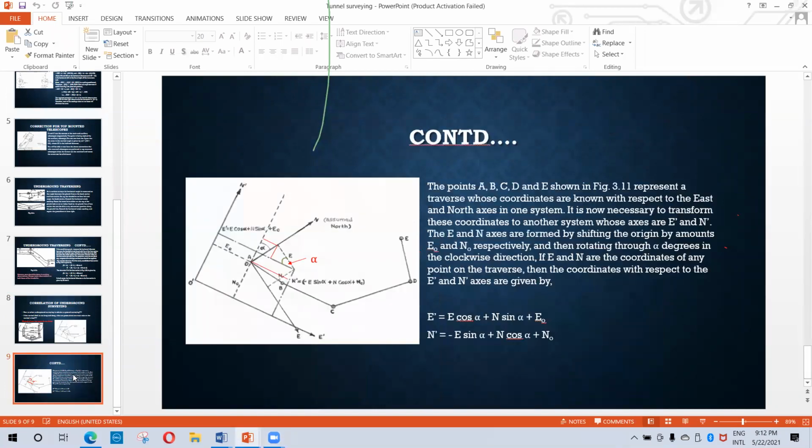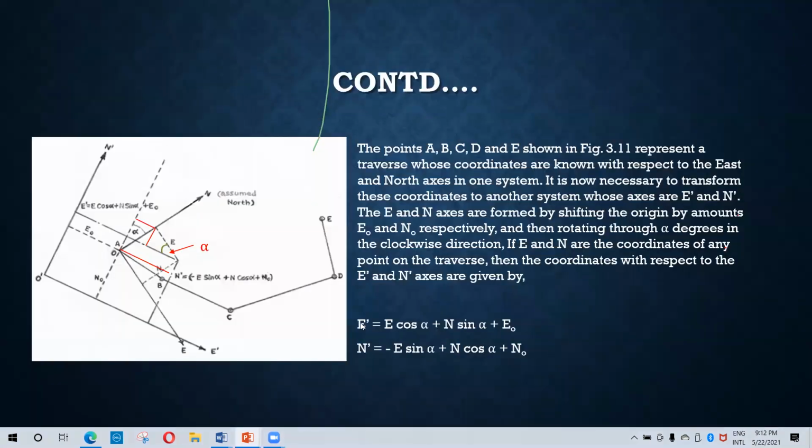So we'll go to the next page. Now, this conversion is simply explained. You need to find E dash, right? E dash is the distance from this real north to this point.